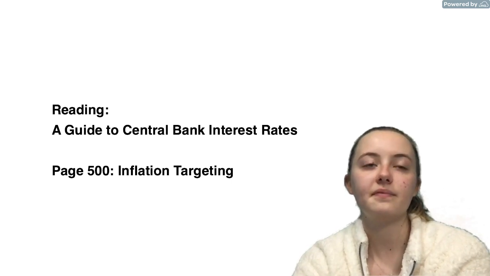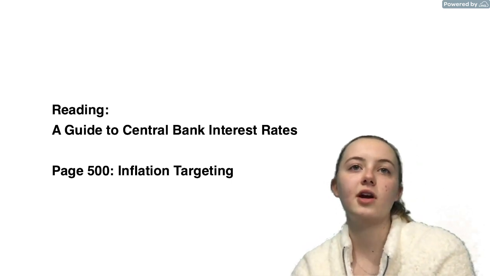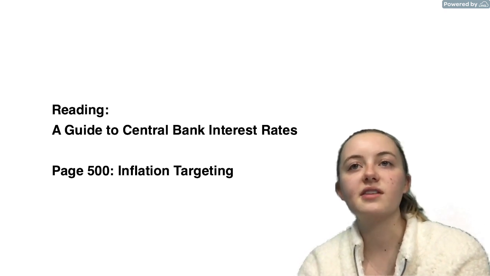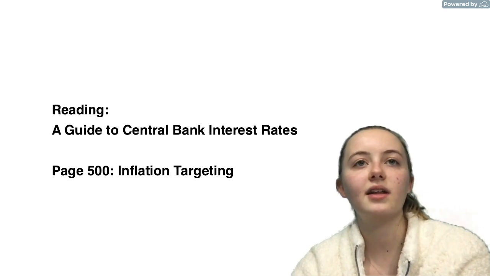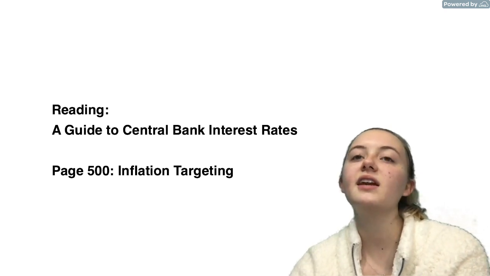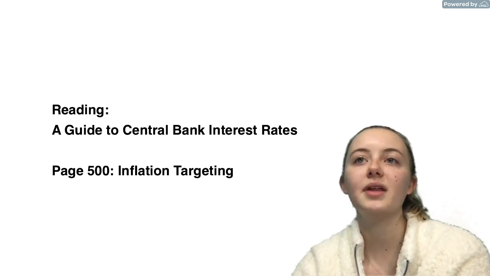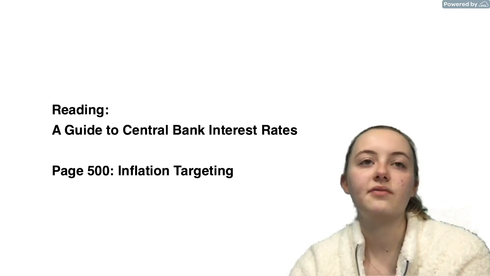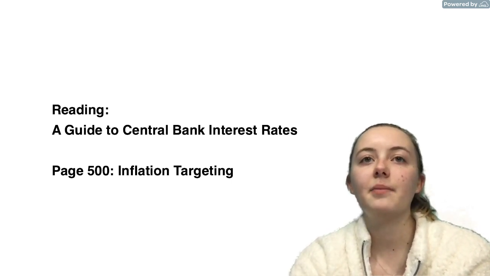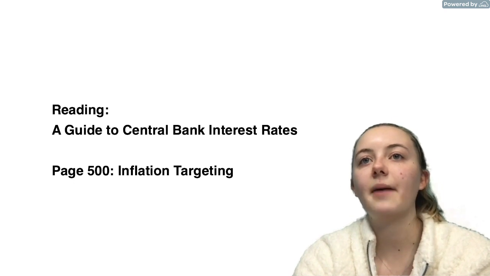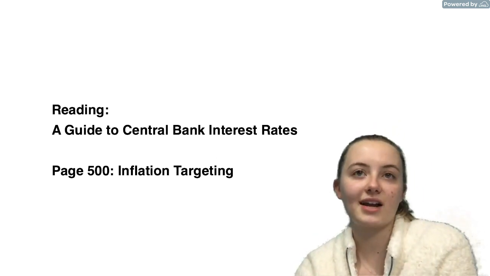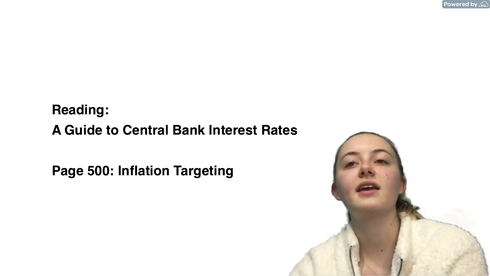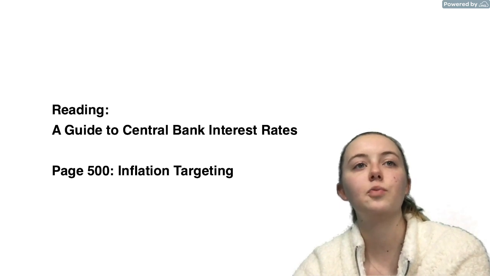To understand how inflation targeting works, let's look at the British example. The Bank of England Act of 1998 granted the Bank of England independence, but also dictated its objective to deliver price stability as defined by the government's inflation target. A 9-member Monetary Policy Committee, MPC, meets monthly to determine short-term interest rates in an effort to meet this objective, which has been defined as annual consumer price inflation of 2%.